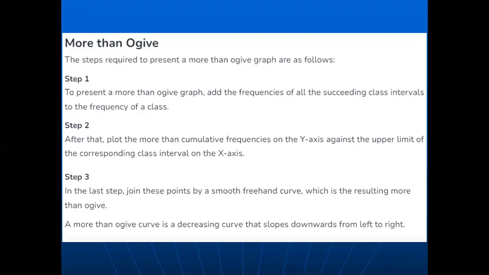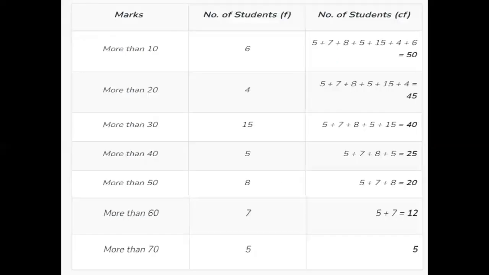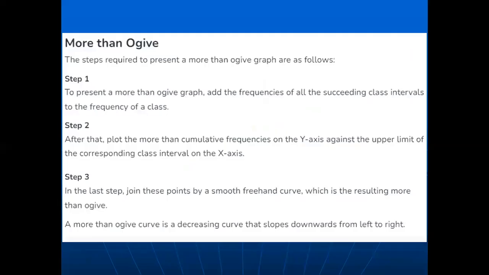Now the more than cumulative frequency curve, or more than Ogive. Here, the more than cumulative frequencies on the y-axis should be taken, and the upper limit of the corresponding class interval on the x-axis. Now I think there is a mistake here.